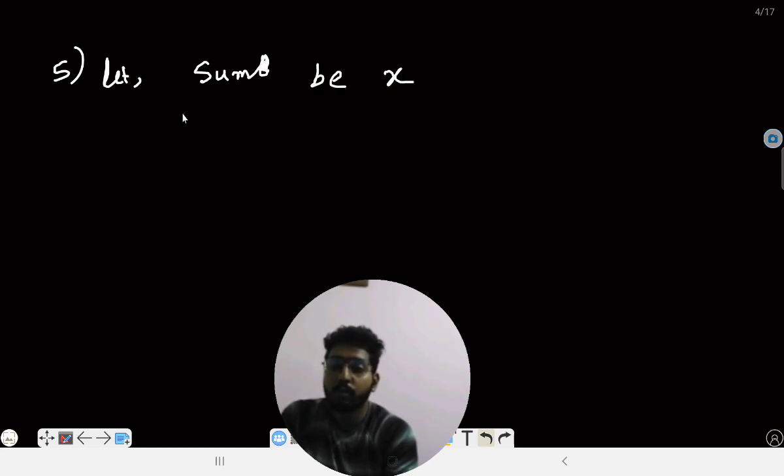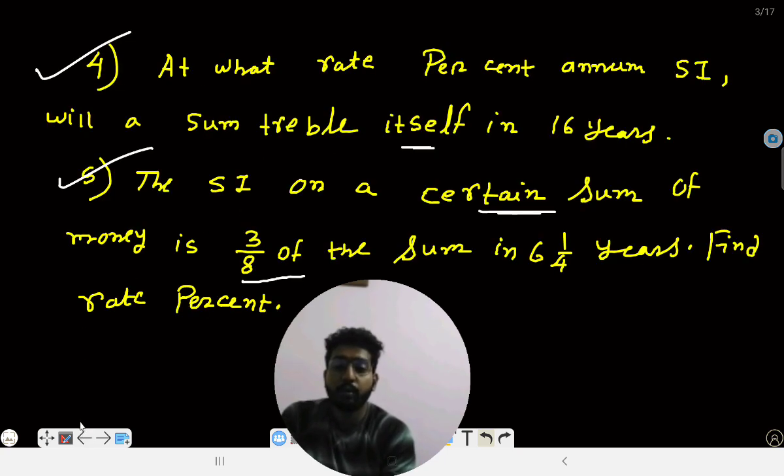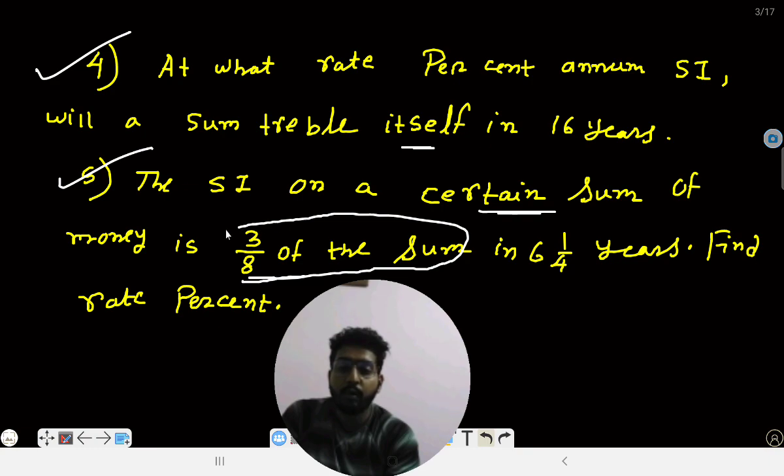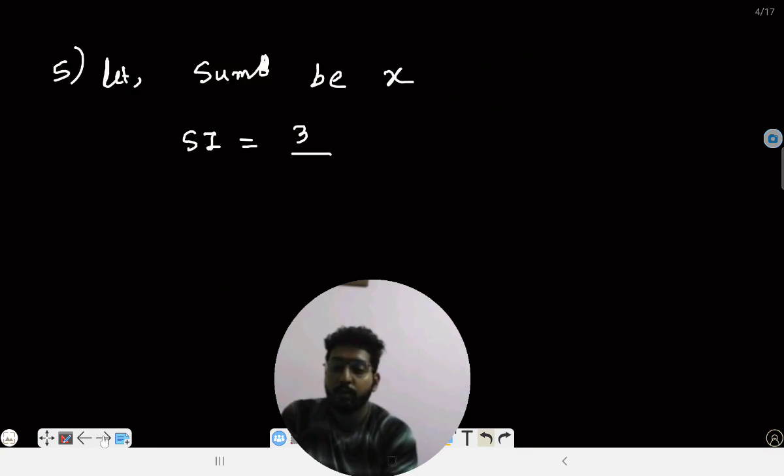Now what will be the SI? SI will be 3 by 8 of the sum, that means 3 by 8 into the sum, and the sum is x, so that is 3x by 8, that will be the SI.